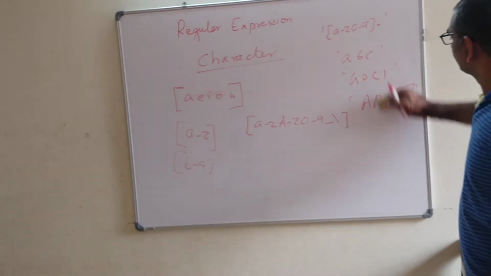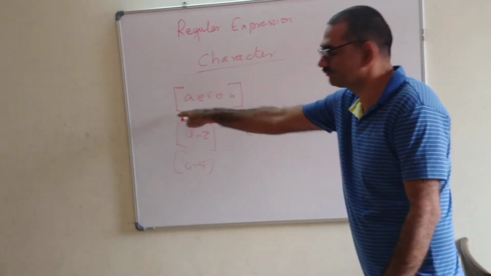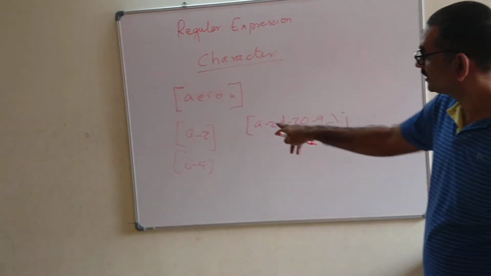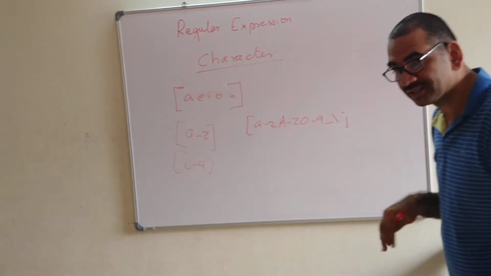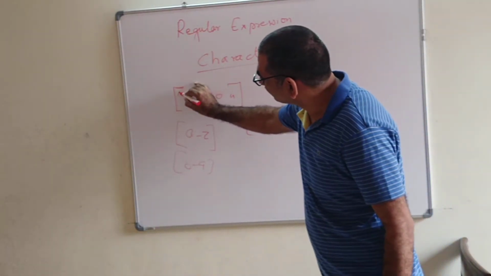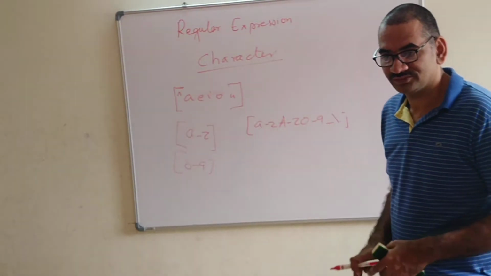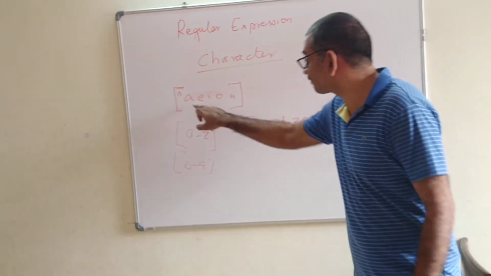So you understood how to specify any of these characters by using square brackets. Now the square bracket has one more interesting thing: if you put a caret at the start of it, it means not. Any character is allowed except these.